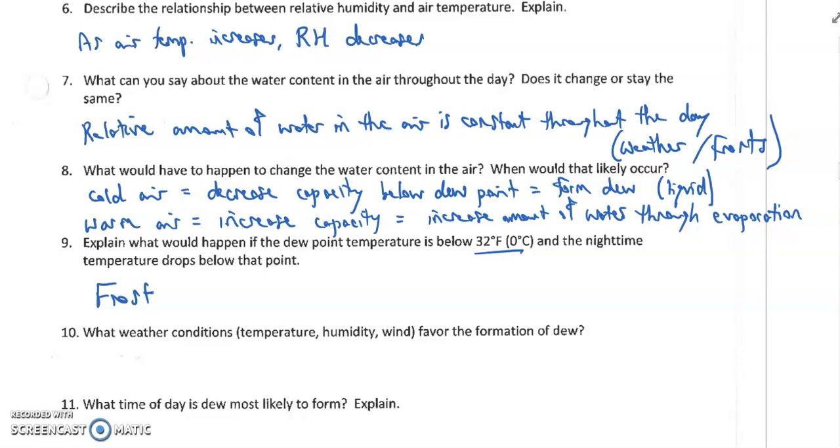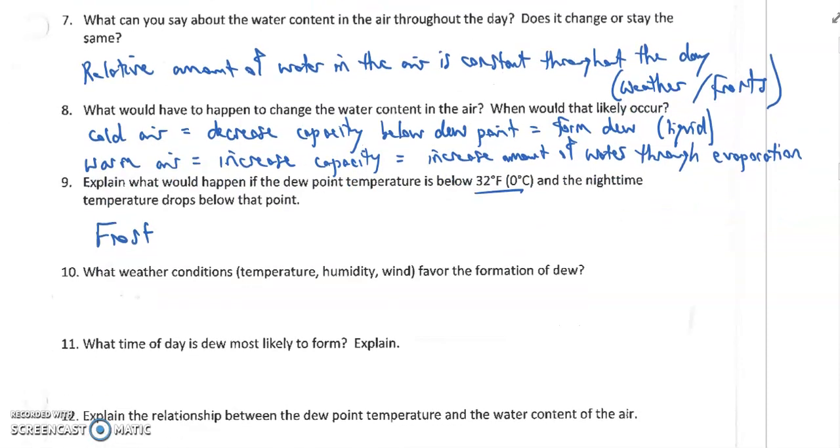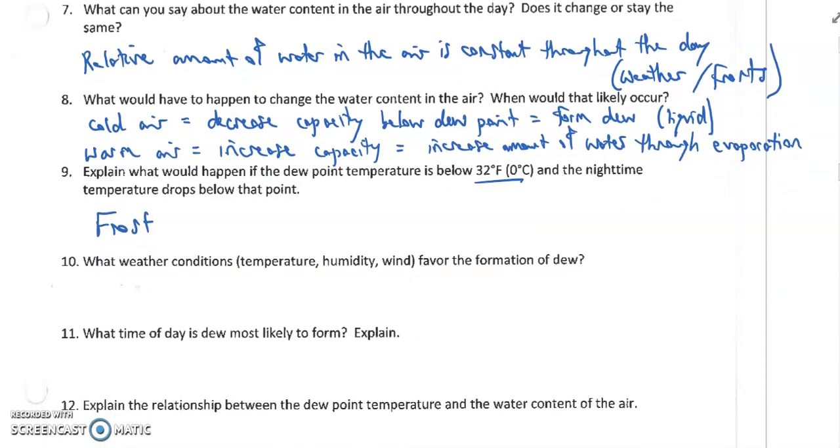It says, what weather conditions, temperature, humidity, wind, favor the formation of dew? Well, in order to get this excess water in the air to be precipitated out or deposited, we need humid air. Humid air allows for lots of water. And what we want to do is have all of that extra water lost.